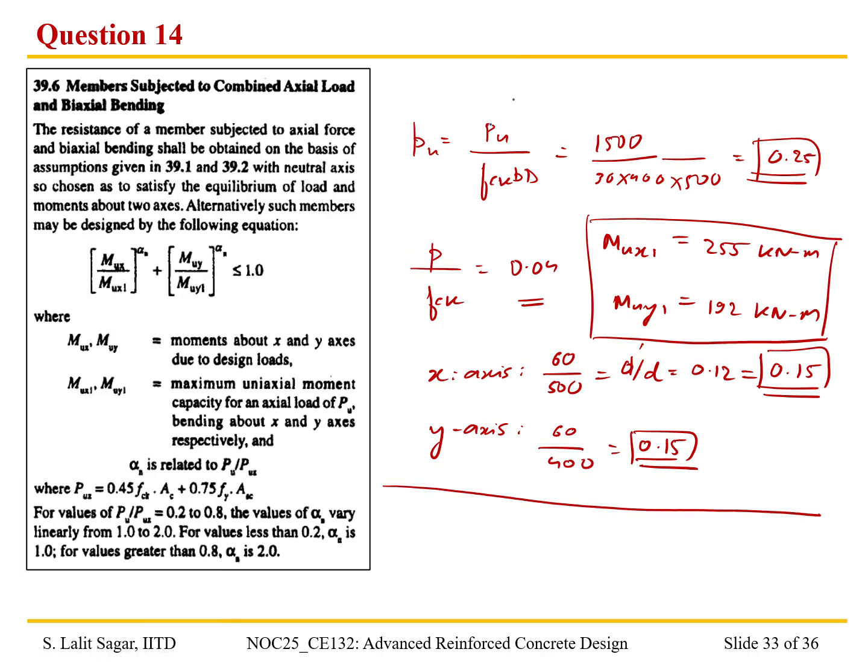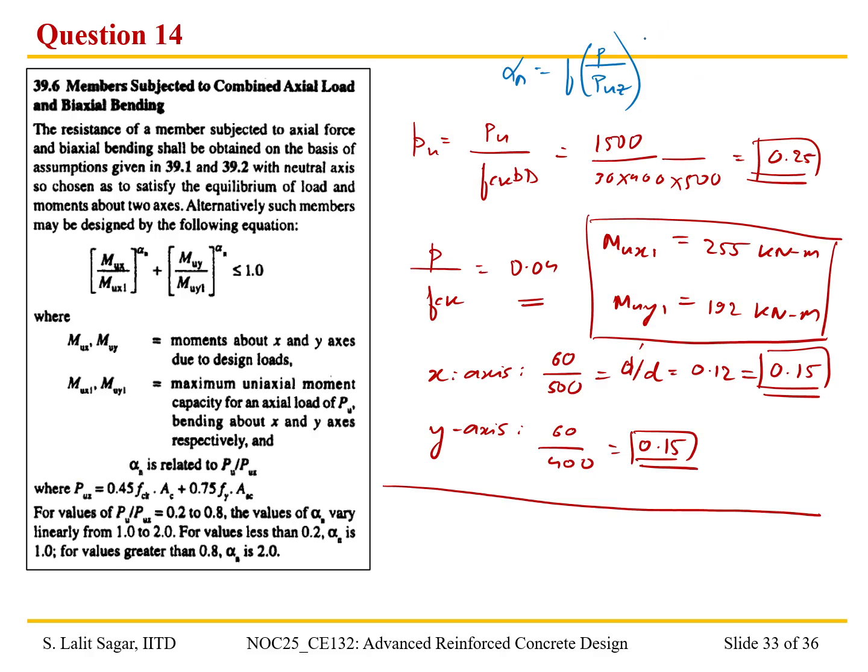So alpha n, as we have already discussed, is a function of pu by puz. Okay, so puz is 0.45 fck. We've already calculated that value. Okay, so from this puz is 3448, right?